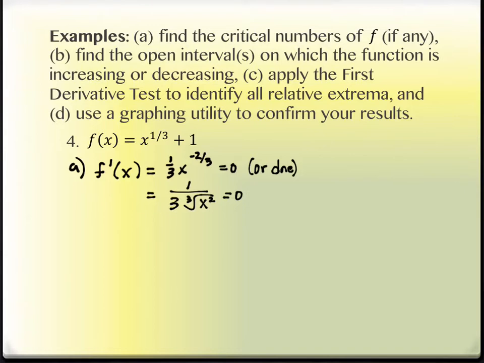In order for a fraction to equal 0, the numerator has to equal 0, and this numerator can't because it's just a constant 1. So it doesn't equal 0, but it does equal does not exist. That sounds funny. So it has that possibility. And when will it not exist? Yeah. So this happens at x equals 0, right? So that's my only critical number, x equals 0.